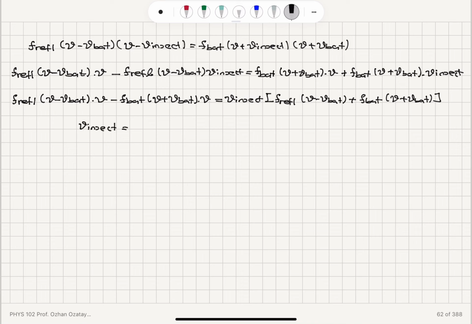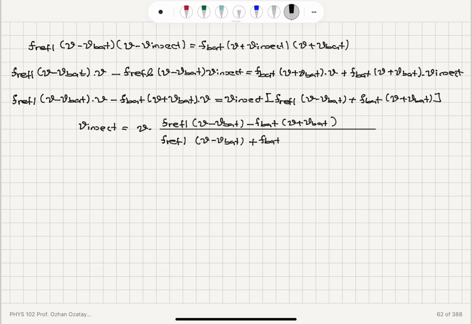V insect is equal to V times F reflected (V minus V bat) minus F bat (V plus V bat), and then we have F reflected (V minus V bat) plus F bat (V plus V bat).